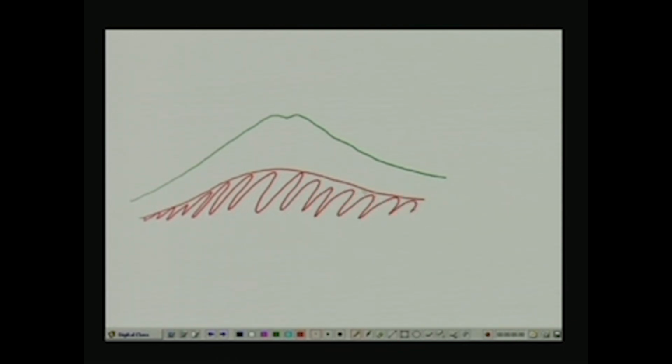a situation where you have got a magma chamber underneath a volcano, and when the volcano erupts, the magma actually spews out, and this process is called extrusion.